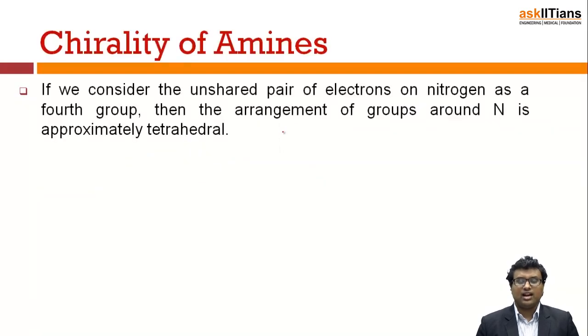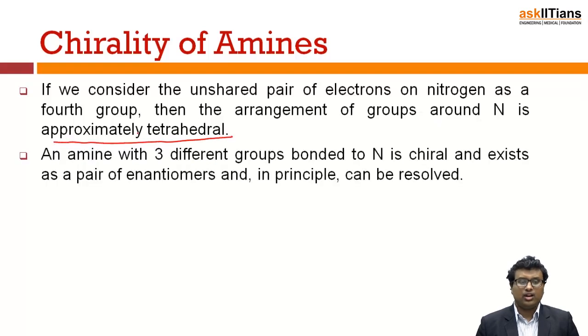Chirality of amines. Chirality is actually representing the behavior of your optical nature. If we consider the unshared pair of electrons on nitrogen as a 4th group, then the arrangement of groups around nitrogen is approximately tetrahedral. So an amine with 3 different groups bonded to nitrogen is chiral and exists as a pair of enantiomers, and in principle can be resolved.